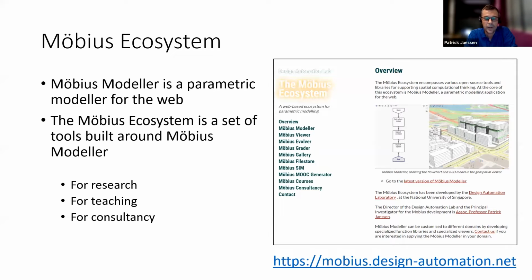But as things have progressed, we needed all sorts of other tools to support the teaching and the MOOCs. So this web page here is a home page for all the stuff to do with Möbius, and Möbius Modeler is then the first link at the top there. And so if you click that, you will be taken to the live software. So in this presentation, there's lots of things on that list.